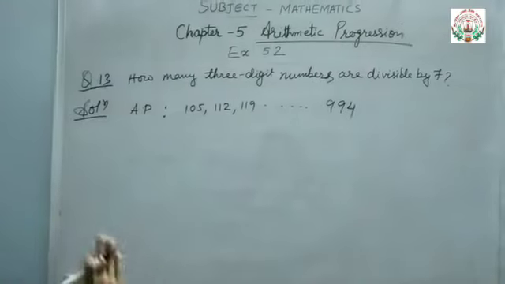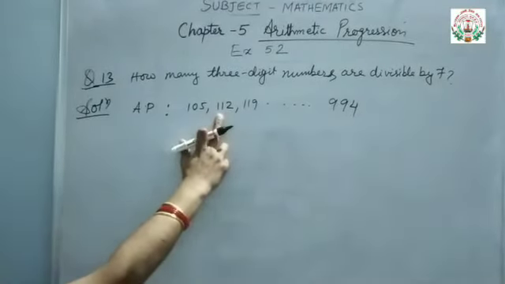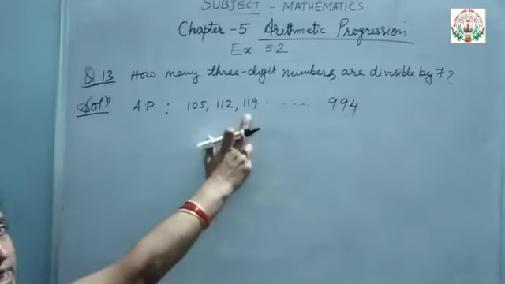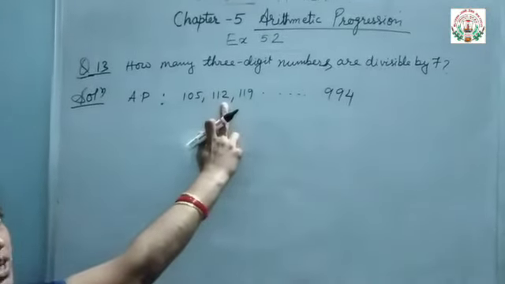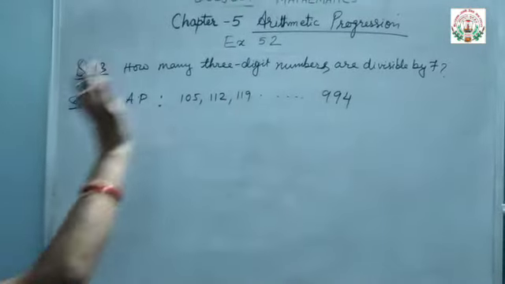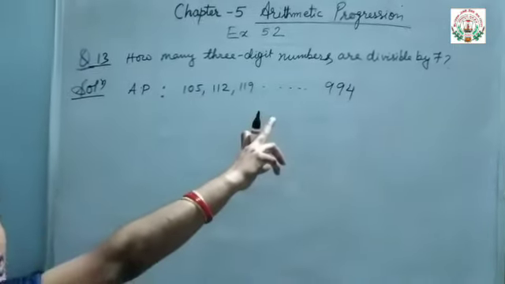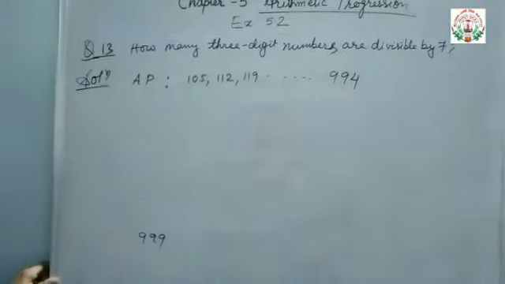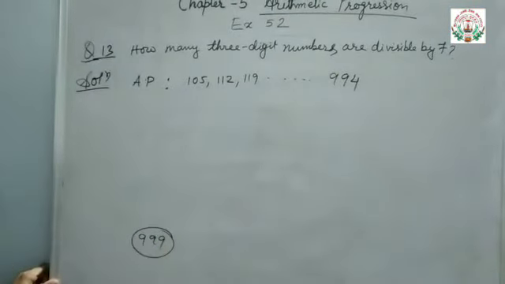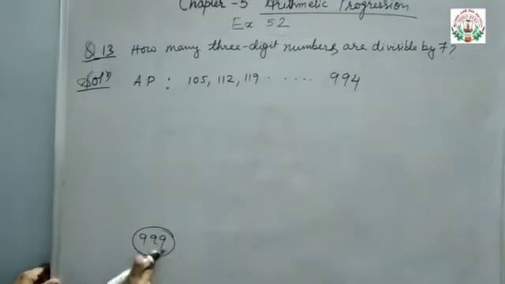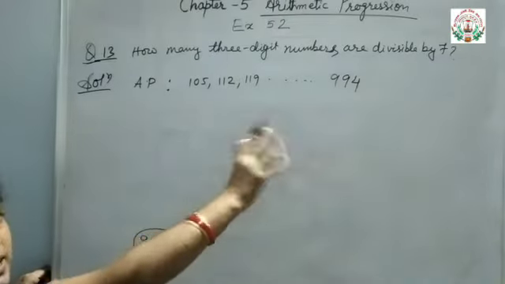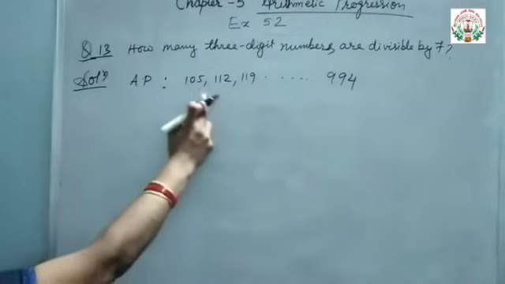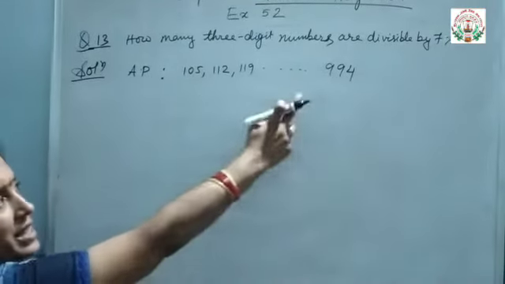After that, you get the next numbers by adding 7 to the first number, and again adding 7 to the second number to get the next. Likewise it will continue till the last. The last is 999, which is not divisible by 7, so less than that the number divisible is 994.